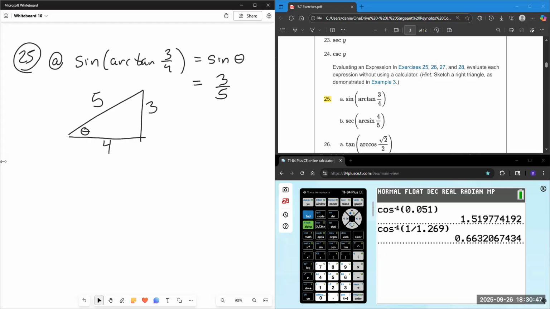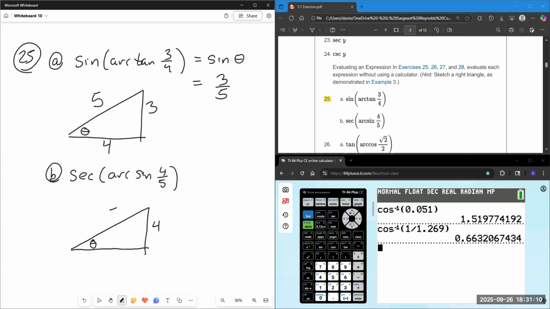Let's look at part B. It says secant of arc sine of 4/5. So again, quadrant 1. And we have sine value is 4/5. So this is again a 3, 4, 5 triangle.